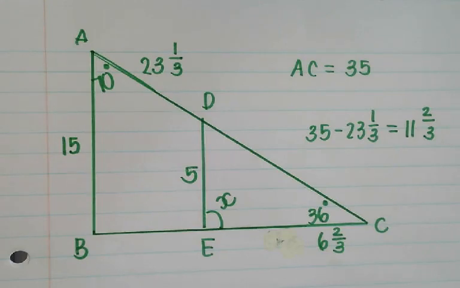So we only prove using 3 options. So there are 6 possible combinations of corresponding information. That's 3 angle combos and 3 side combos. But to prove congruency, we only need 3.